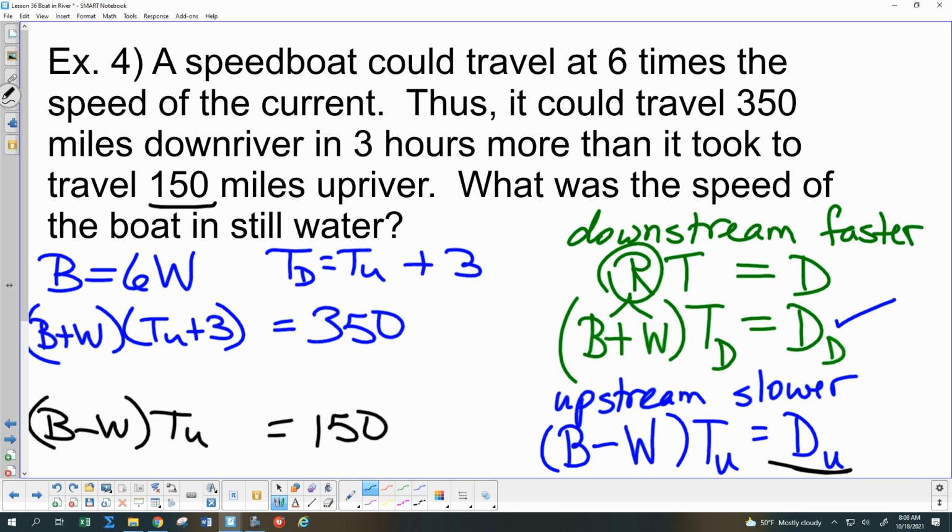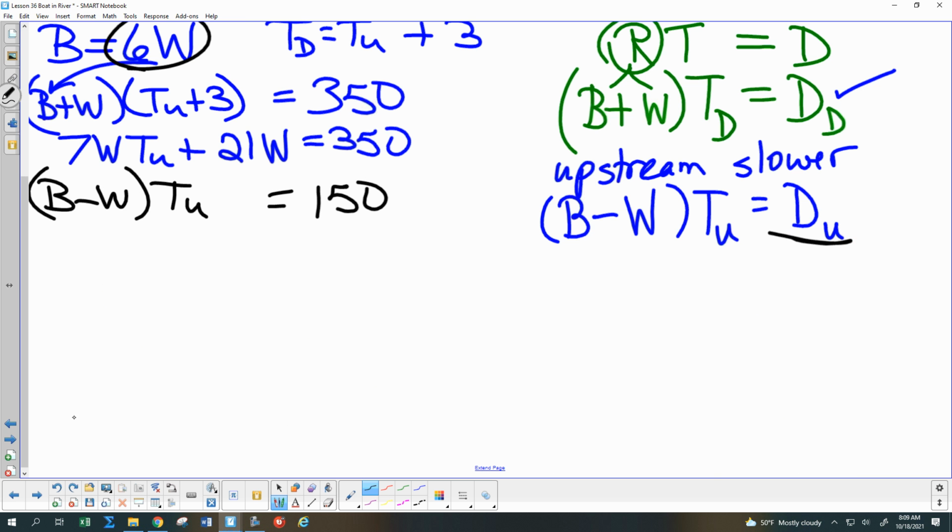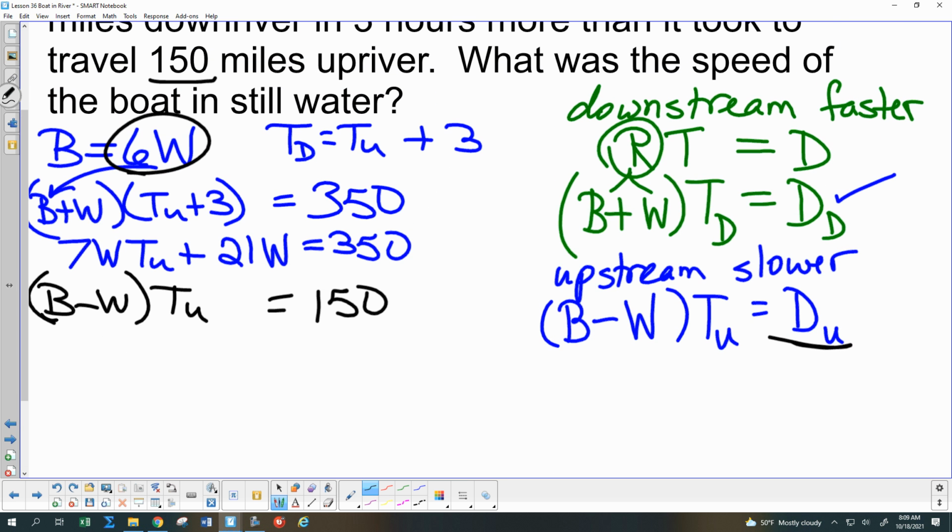So now if I put that 6W in for both of the B's, I have 7W times 2U plus 7W times 3, so plus 21W equals 350. And if I also put the 6W in for this B, 6W minus W is 5W, times U is 150.